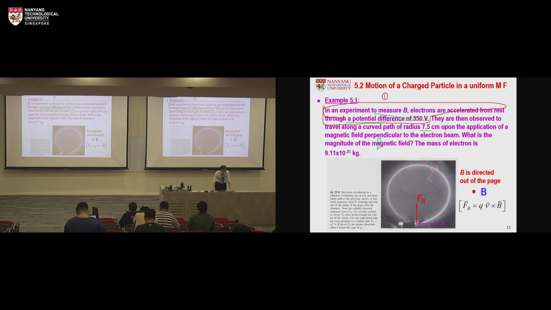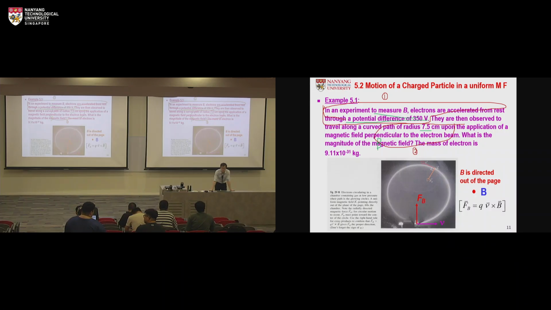And the second process is a circular motion of this radius inside this B. Then we can write down the defining equation or the physical understanding for each process.